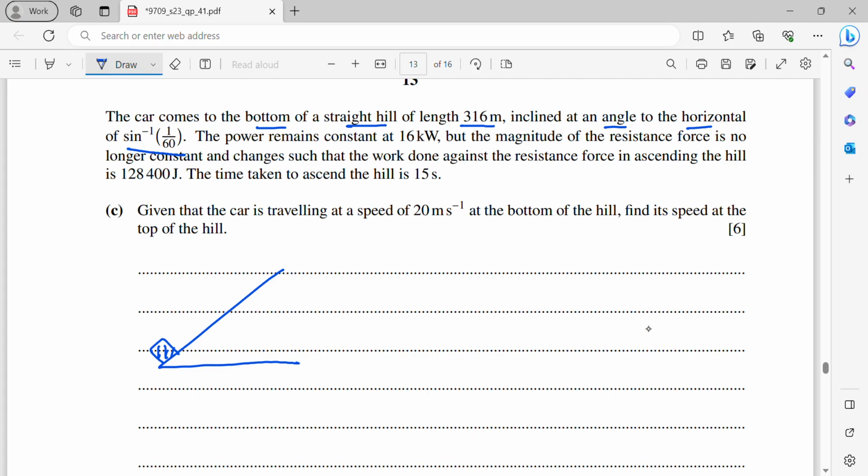The length of the hill is 316, so it means that the S is 316. Then the angle theta, whereby sine theta is 1/60, because you are given theta is inverse sine 1/60. The power remains at constant 16 kilowatt. So power is 16,000.